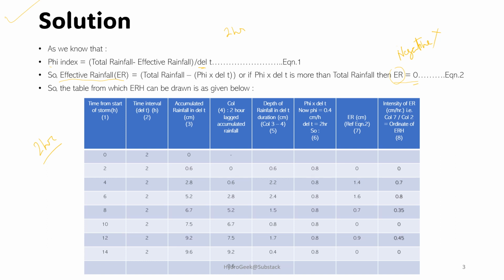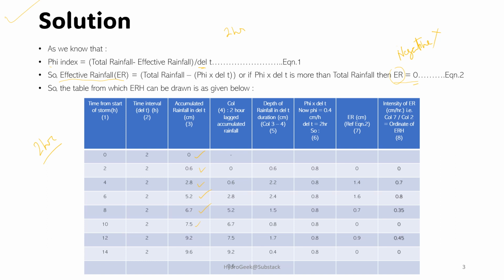Now let us see the accumulated rainfall per 2 hours. That has been given in the first table in the question itself. In the first 2 hours it is 0, then 0.6, then 2.8, 6th hour 5.2, 8th hour 6.7, and so on.